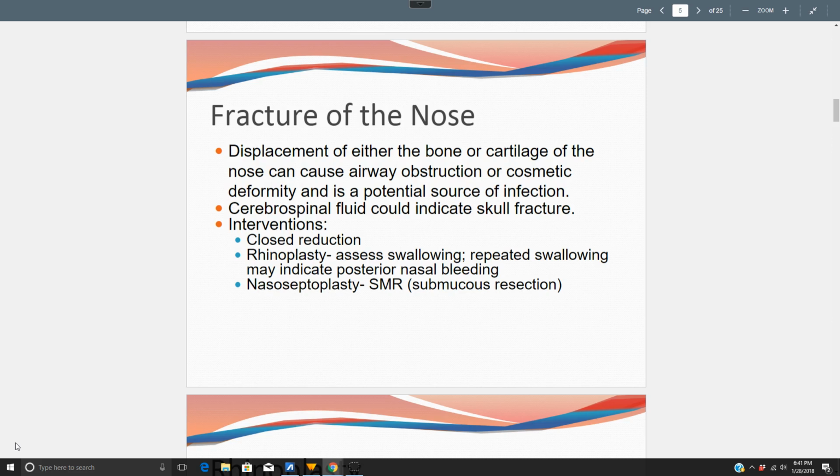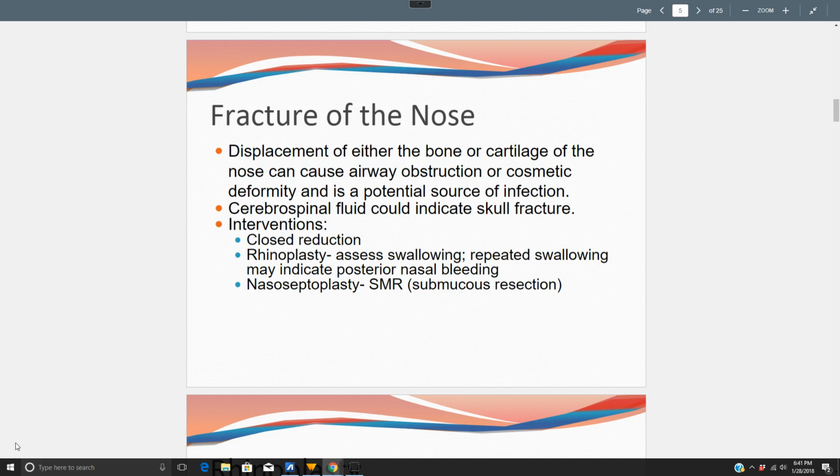And just keep in mind too, when we see this type of drainage, you want to ask yourself, how do I know if it is cerebral spinal fluid? Because it will be somewhat different from normal nasal secretions, meaning that CSF contains glucose, which will test positive with a dipstick.